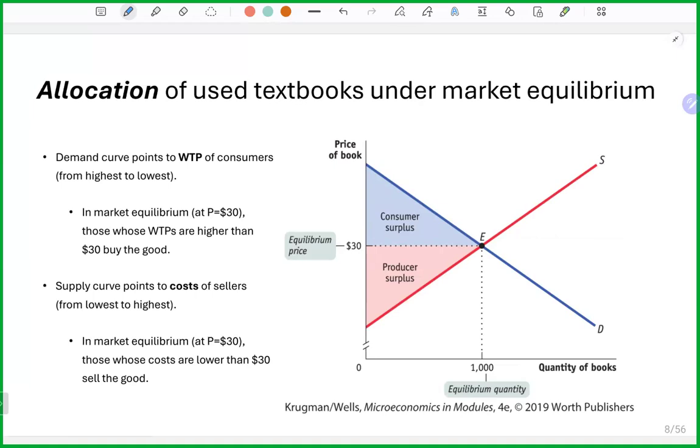Okay, the first possibility. Before that, this graph shows the allocation of the used textbook between sellers and buyers. What do you mean by allocation? How are these precious, scarce resources allocated between people? It's the allocation of the goods on sale to consumers.